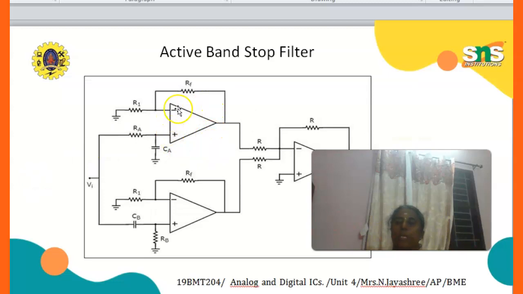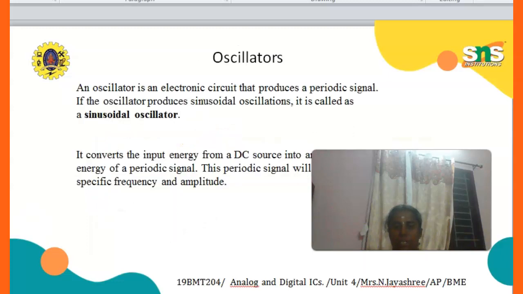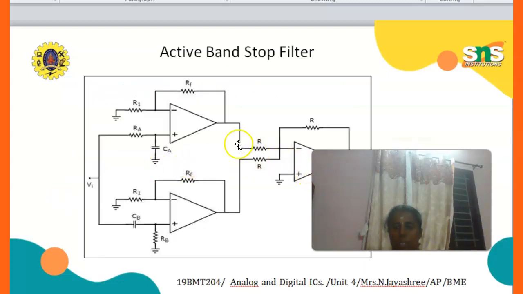Here the low pass filter and high pass filter are connected in parallel, and together we connect the input as a voltage, and at last it goes to the summing amplifier, and finally it gets the resistance.